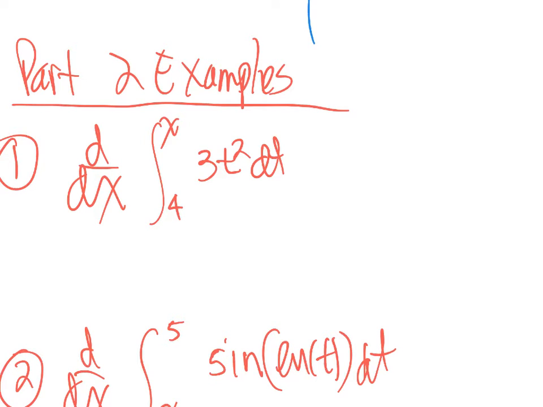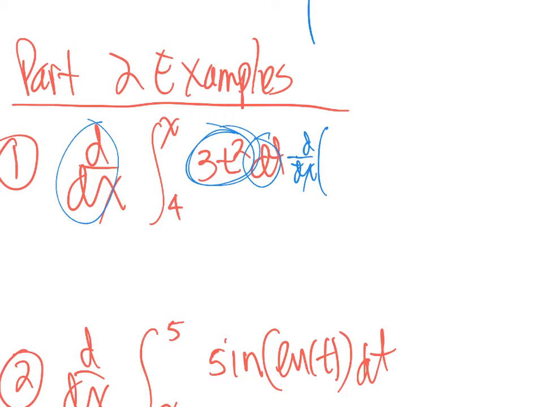So in order for us to do this, I'm going to have to integrate that with respect to t. The integral of t squared is t cubed, and then divide by 3, right? So it's going to be 3 divided by 3. I have to keep the d by dx. Then I integrate 3t squared, and I'm going to end up with just t cubed evaluated between x and 4.